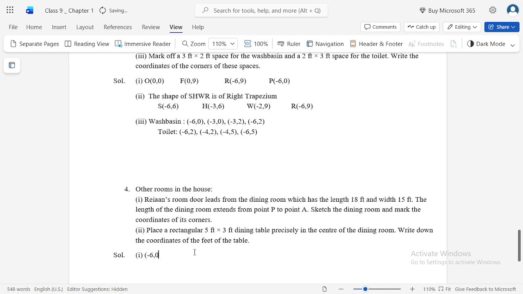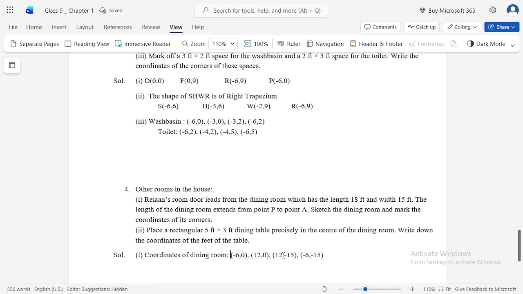Minus 6 comma 0, 12 comma 0, then 12 comma minus 15 and minus 6 comma minus 15. So I have sketched this dining room. These are the coordinates of the dining room.